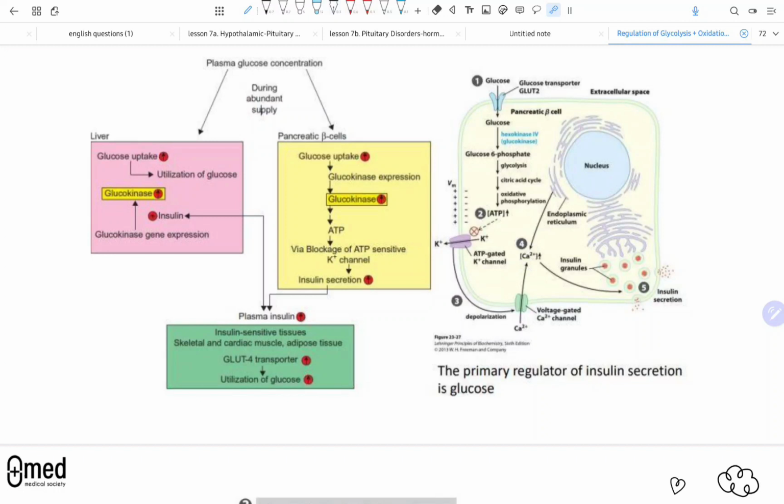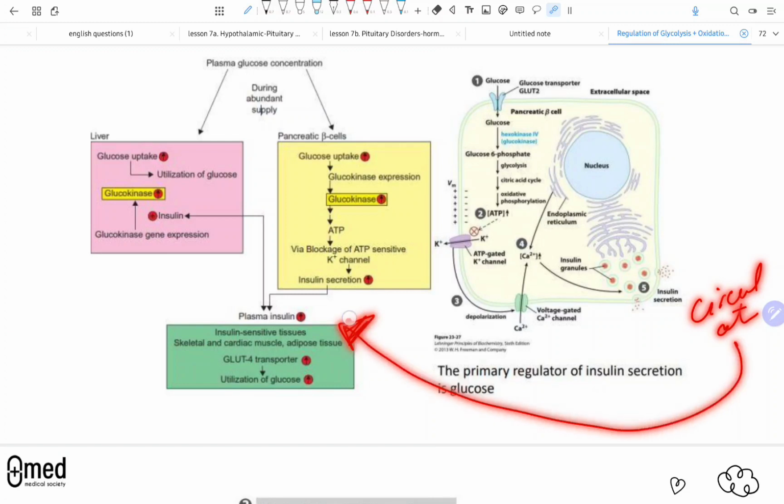What ATP does is that it goes to the potassium channels and it closes them. When it's closed, the voltage is increased in the cell, and this causes depolarization. Depolarization then causes the opening of the calcium channels, and this leads to an influx of calcium into the cell, and this calcium stimulates the insulin granules to release insulin into the circulation.